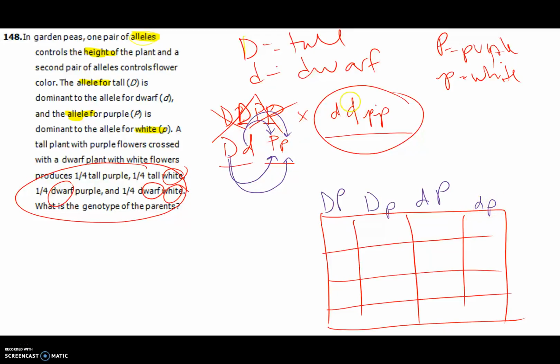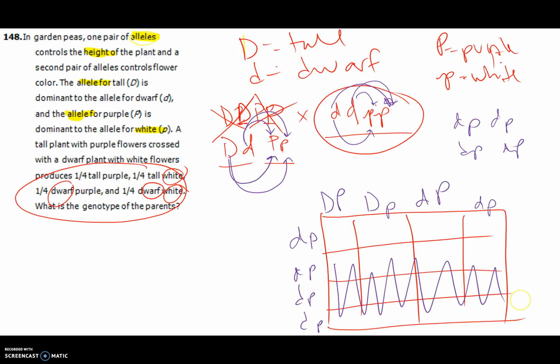Now for this parent, we see that all of its alleles are basically going to be recessive. That's its only option over and over again. So another shortcut that we could do, if we write a lowercase d and a lowercase p, really it's going to be repetitive all the way down. So do we really need to fill these ones in? No, we don't really have to, because they're going to be identical copies to the first row.